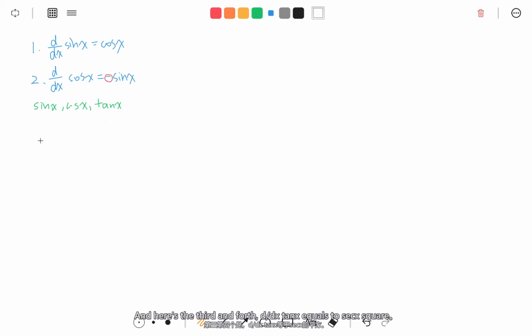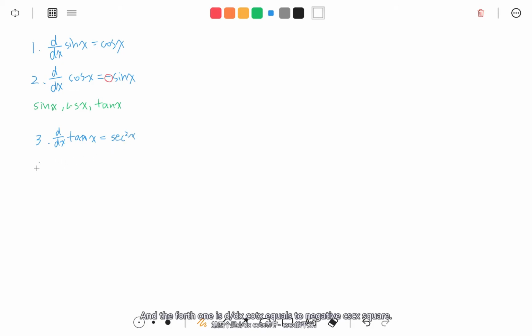And here are the third and fourth ones. d/dx tangent x equals secant x squared.